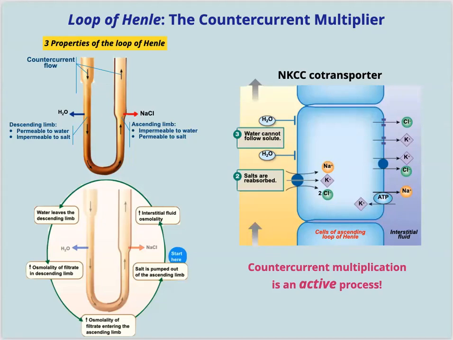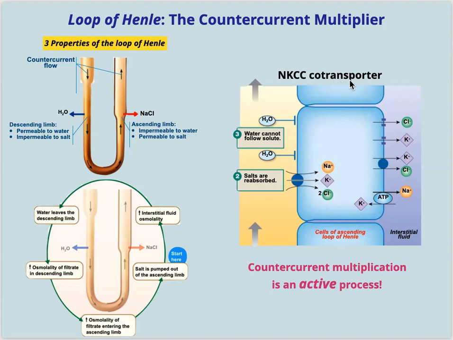Now, countercurrent multiplication is an active process. It establishes the osmotic gradient in the medullary interstitium. The luminal surface of the tubular cells in the ascending limb of the loop of Henle contains special cotransporters called NKCC cotransporters, and the name indicates that it transports 1 sodium, 1 potassium, and 2 chloride ions out of the tubular filtrate.